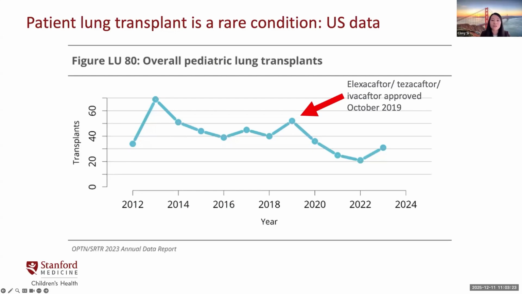And you can see that after elexacaftor, tezacaftor, and ivacaftor was approved in October of 2019 for cystic fibrosis patients, there has been a decline in pediatric patients undergoing lung transplantation. This is in contrast to adult patients where numbers are increasing yearly, with more recent data showing over 3,000 patients undergoing lung transplantation in adults year over year in the United States.